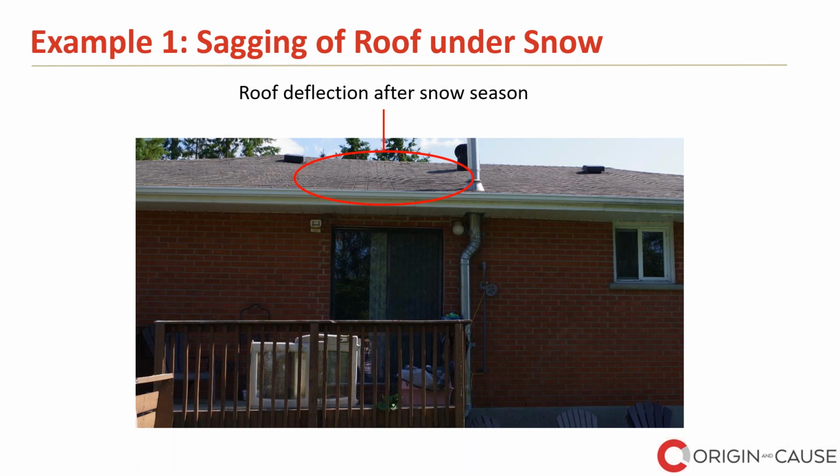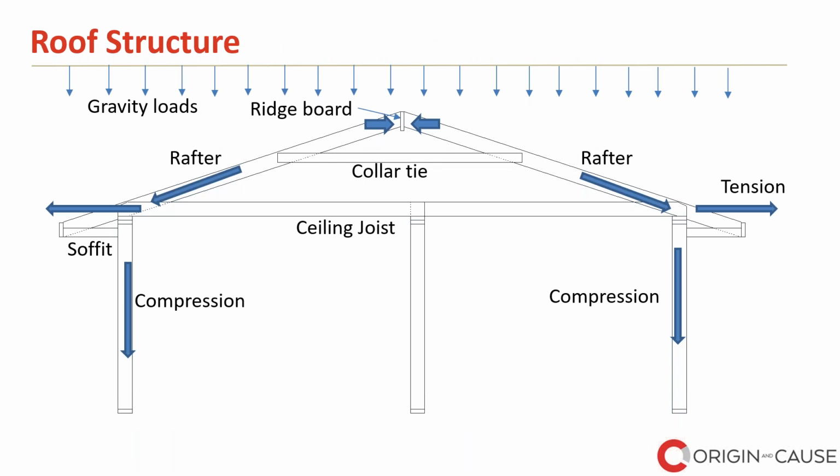So you see a sag in the roof after winter, and you might think it's definitely because of snow. And there's no doubt that the sagging of the roof happened under the weight of the snow, but it might not necessarily be because of the snow. Maybe it's some structural, constructional deficiencies.